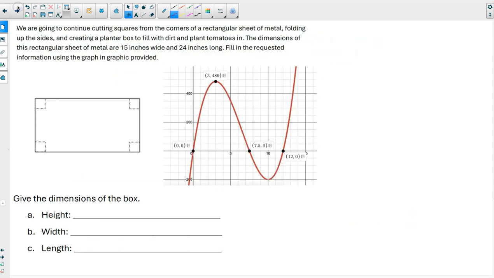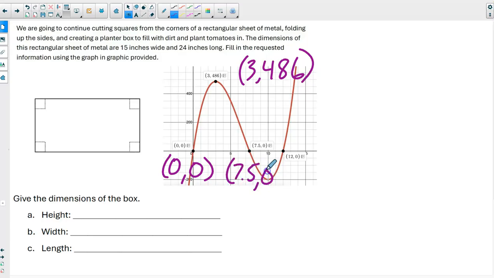Moving on. So, height, width, and length. So I'm going to just put these points back up here. And based off the last problem, I'm also going to draw a few things in. So try to do those calculations. Think about what we labeled your formula as. Which piece is which?